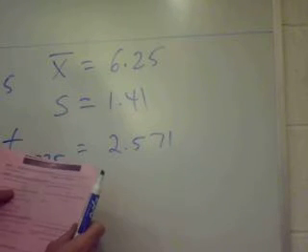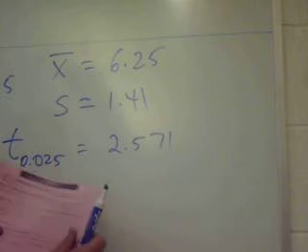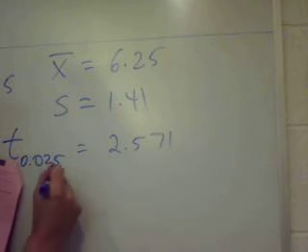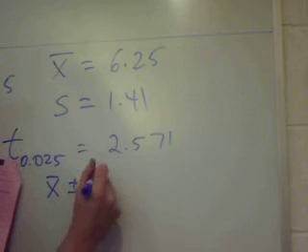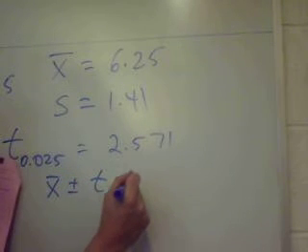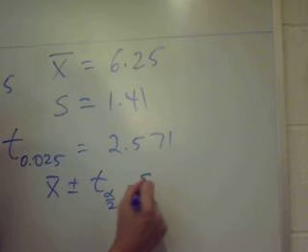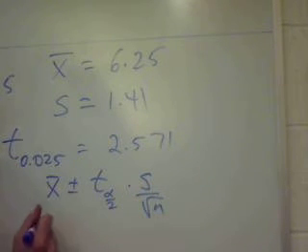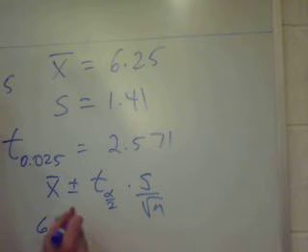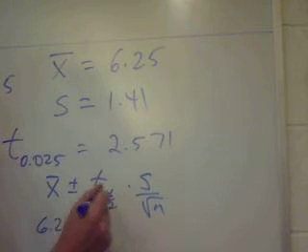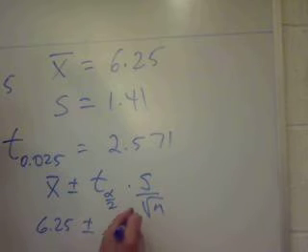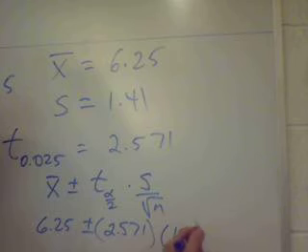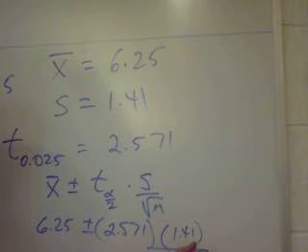What you do is find the confidence interval is x bar plus or minus T sub alpha over 2 times S over root n. X bar is the mean of the sample, 6.25 minutes. 6.25 plus or minus 2.571 times S, which is 1.41, over the square root of 6.